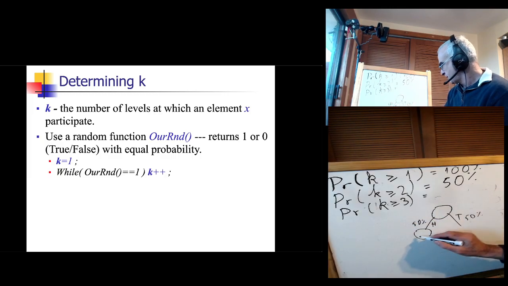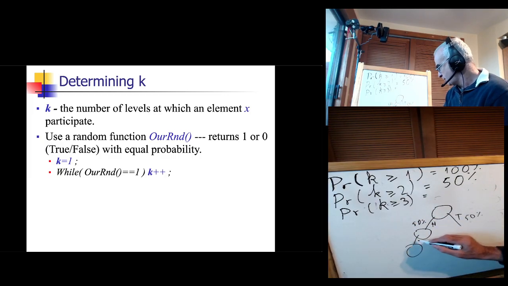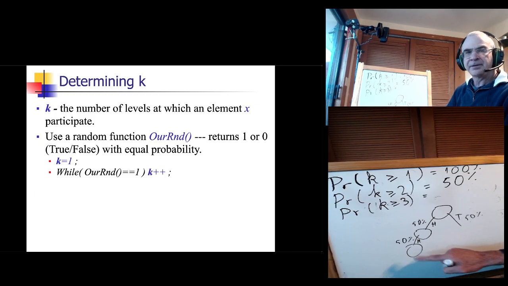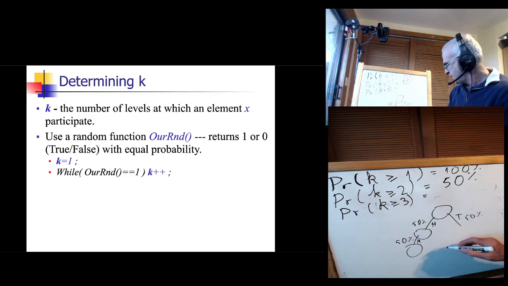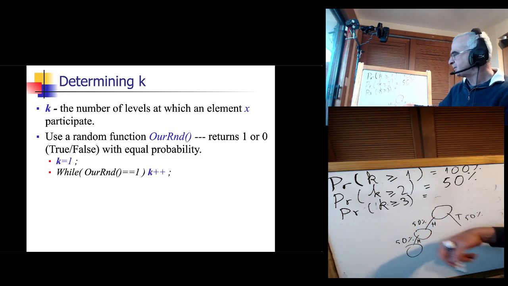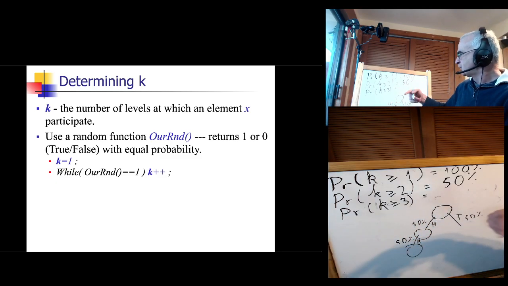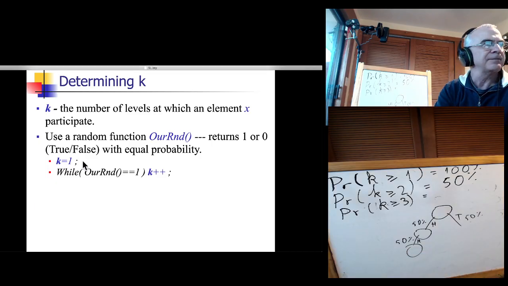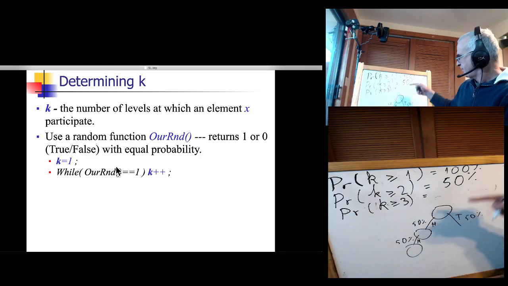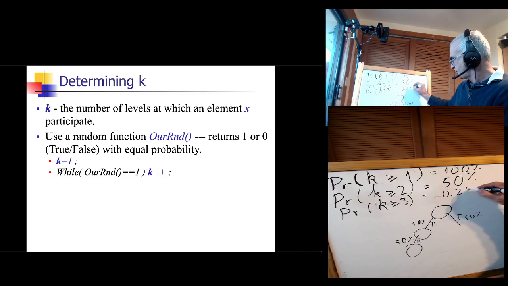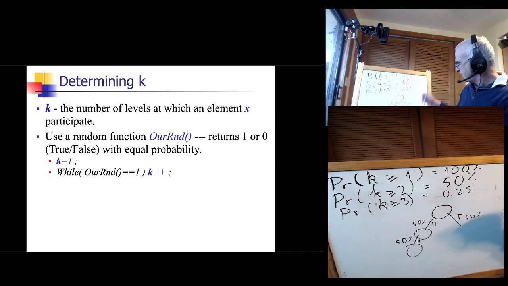And only if I got a head once, I need to toss the coin once again, which again will happen with probability of 50%. Only then I'll get to level 3, right? So the chance that I have two successive true values, two successive ones, is of course 50% of 50%, making it 0.25. That is 25%.